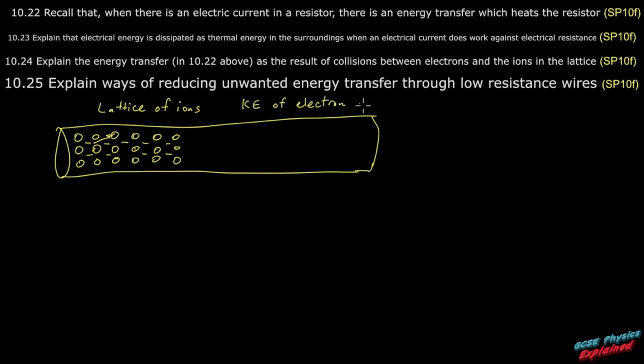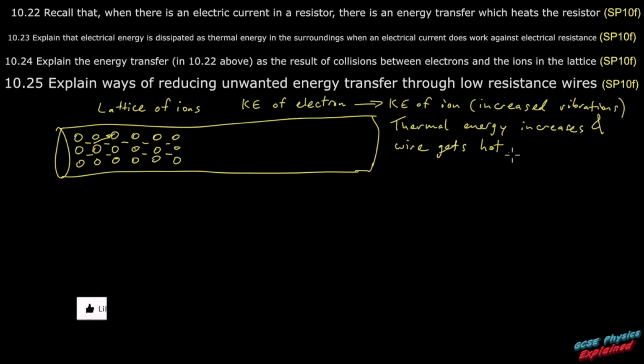Now, the ion starts to vibrate more, and basically, the more something vibrates, the hotter it is. So basically, the wire gets hot. So the electrical energy is turned into kinetic energy, and that gets turned into heat energy.